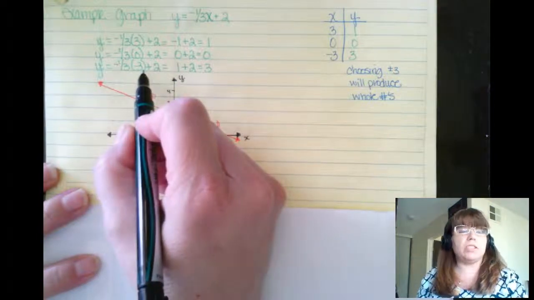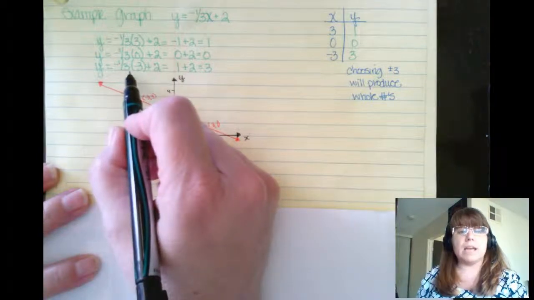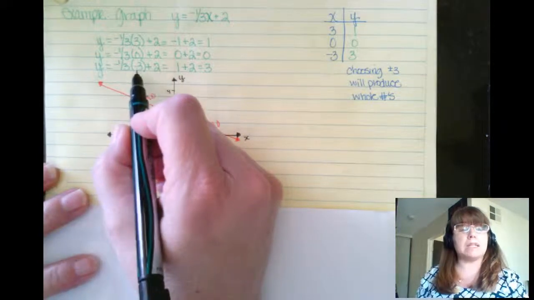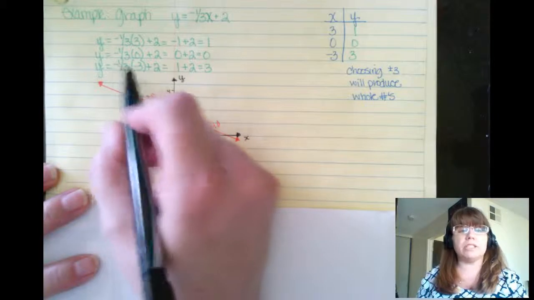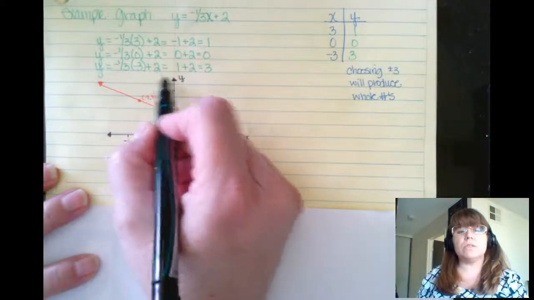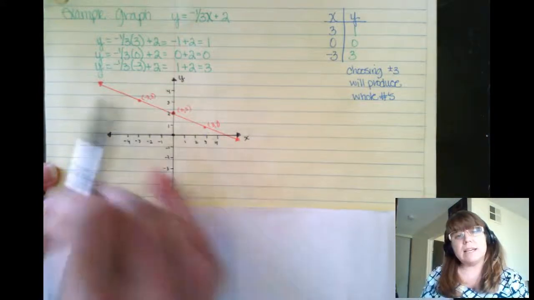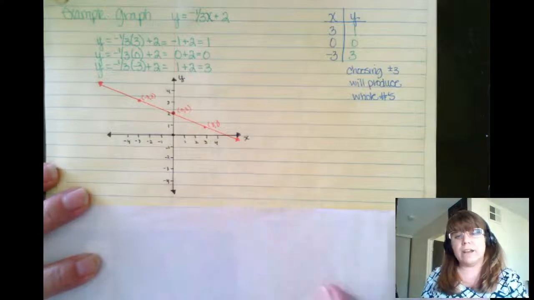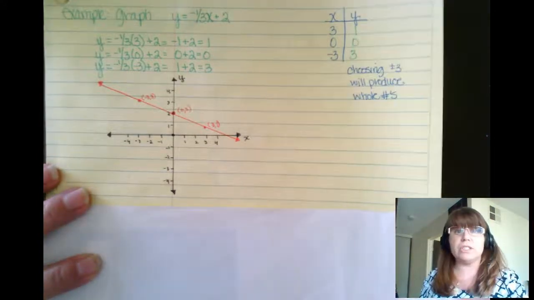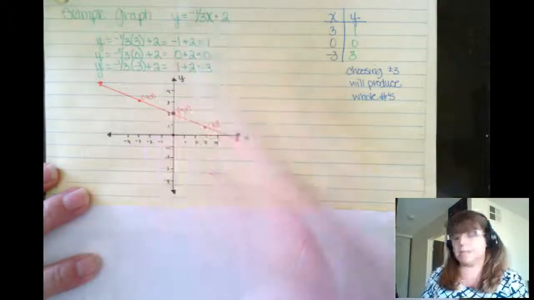And negative 3, that's just the cleverest way of doing it, a negative 1/3 times a negative 3 will give us a positive 1. Remember, we don't like fractions to work with, so let's get rid of them. Plus 2, so 1 plus 2 is 3. Plot the points. Connect the dots, add your arrows, and you have all of your solutions to y equals negative 1/3 x plus 2.